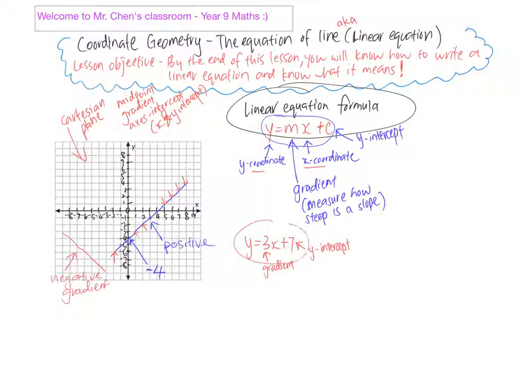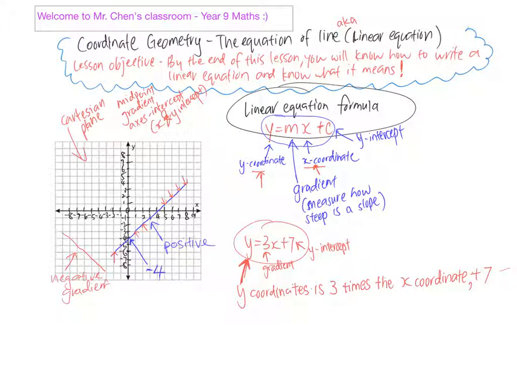At any point, the y coordinate is 3 times the x coordinate plus 7. This is the interpretation of this linear equation. The y coordinate, like I mentioned here, that's the y and that's the x.